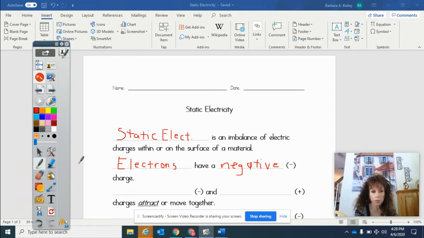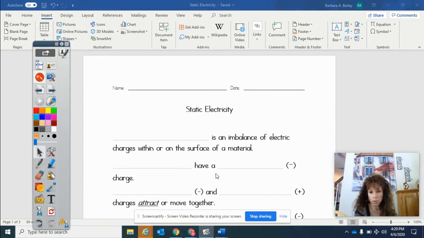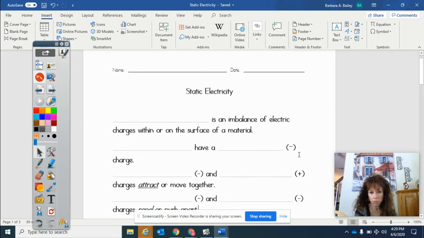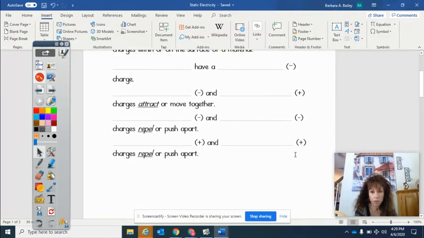Okay, I'm going to erase all that and scroll down. Get my pointer. Okay, so electrons have a negative charge.